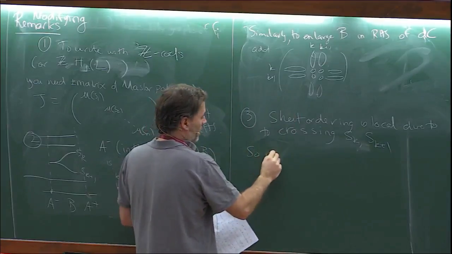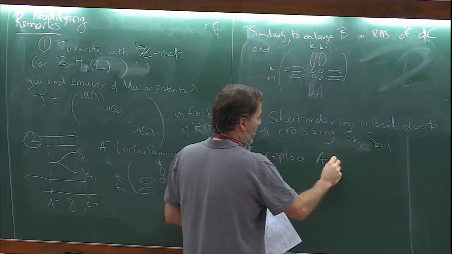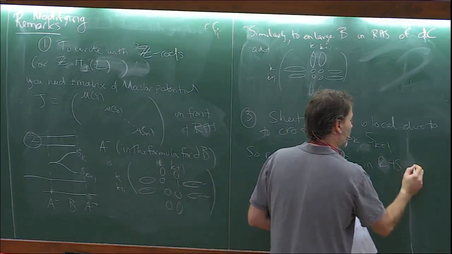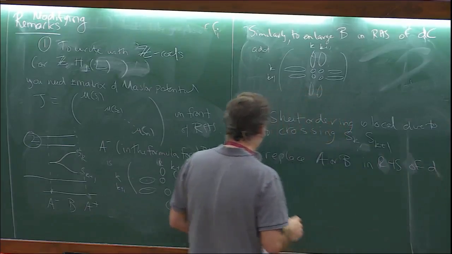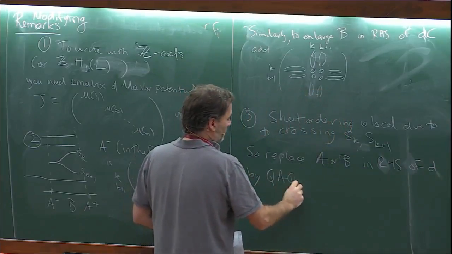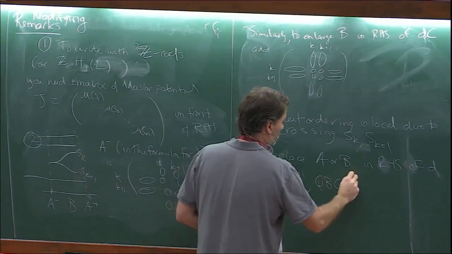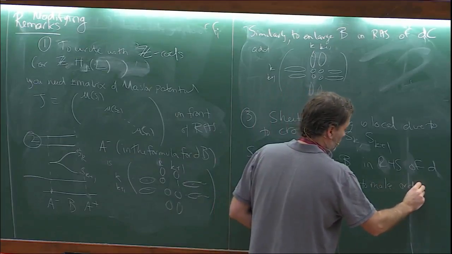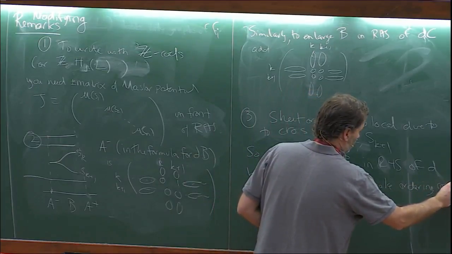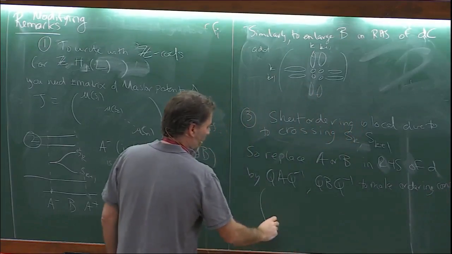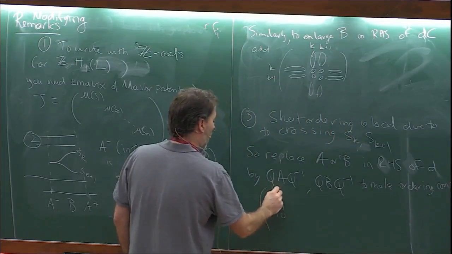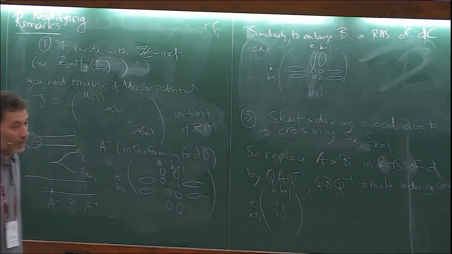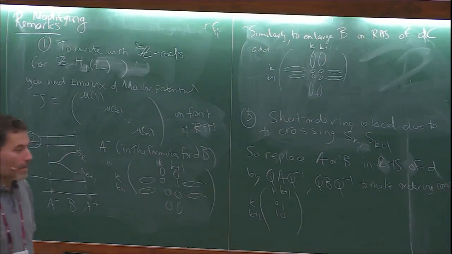So replace A or B in the left-hand side, right-hand side of D by a permutation matrix, to make ordering consistent. So a permutation matrix that just permutes k and k plus 1 if it's sheets k and k plus 1 that are crossing.